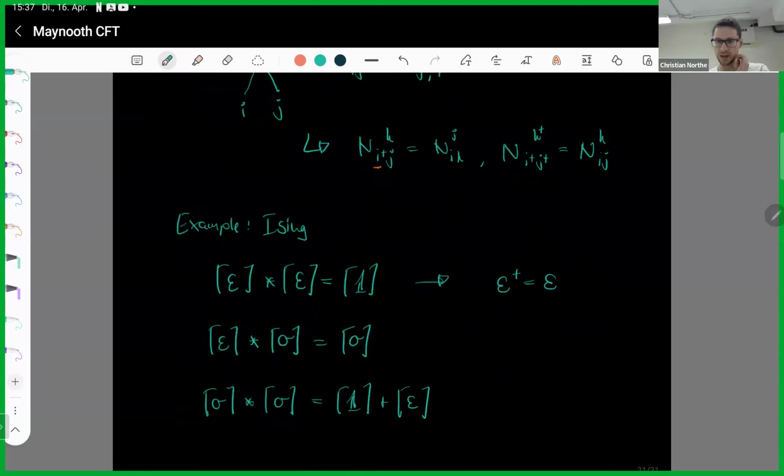And the last fusion here is sigma times sigma. And you see that the identity pops up, but it doesn't pop up by itself. There is another term, but we still call sigma its own charge conjugate simply because the identity pops up. And this is sort of like the only difference that I want to make with the analogy to electromagnetism.